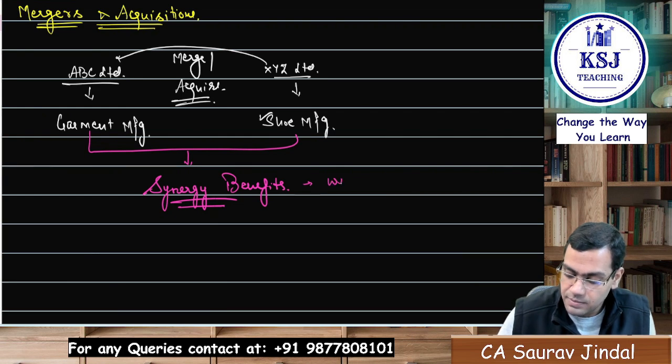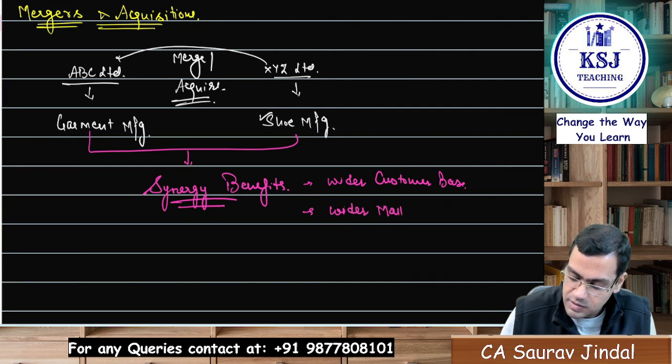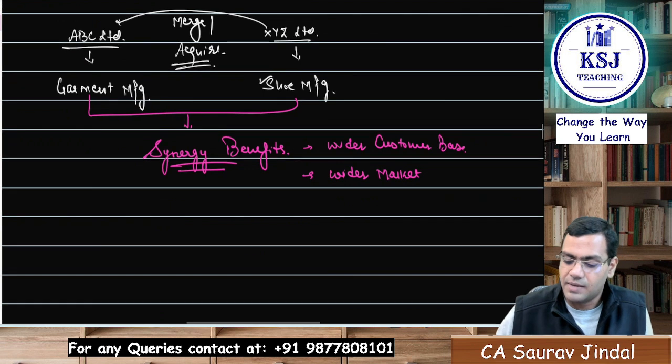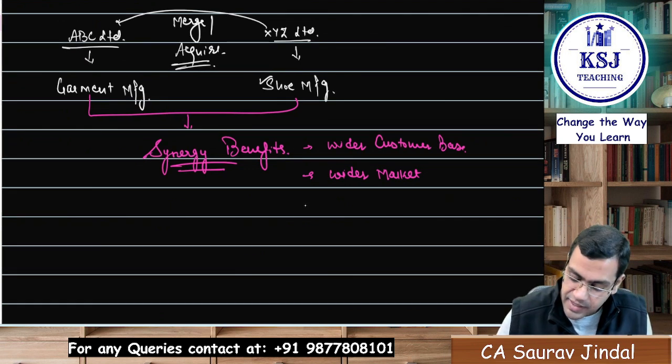Additional benefits will be the wider customer base, right? Wider market they will get access to. They will get access to the wider market, wider customer base, right? Then technology, skills, everything is the synergy benefit.